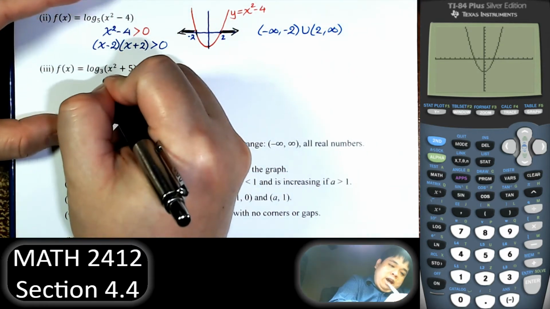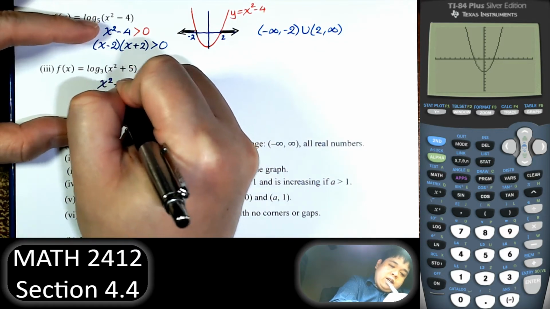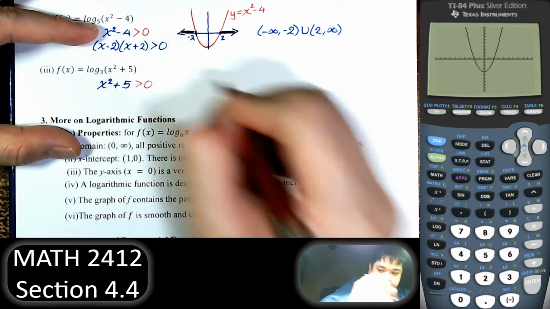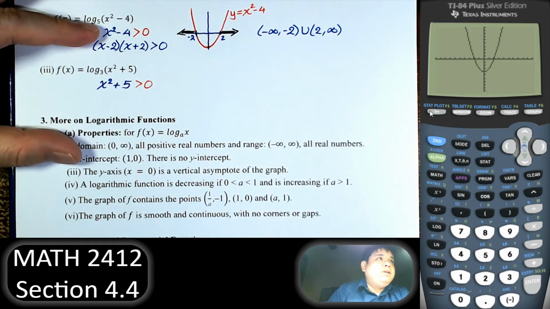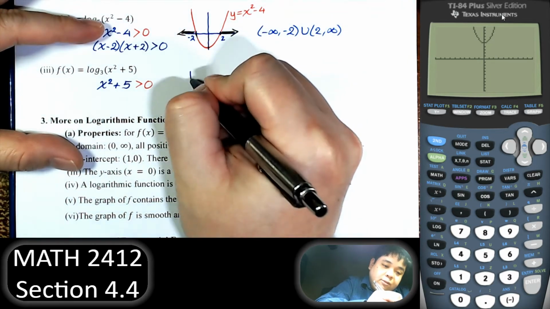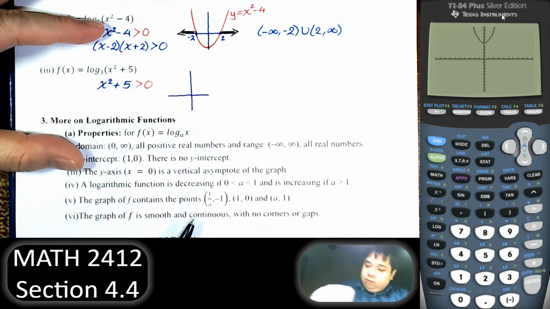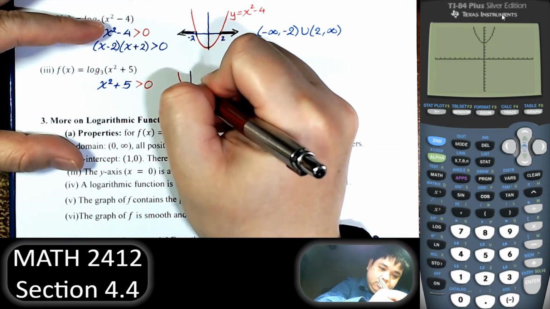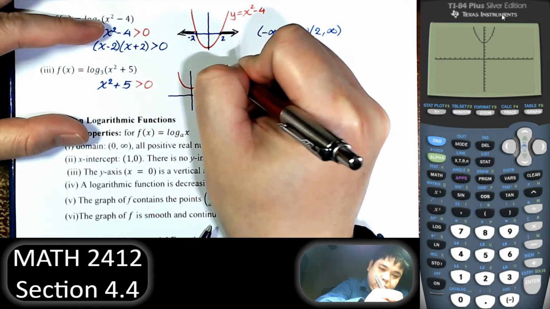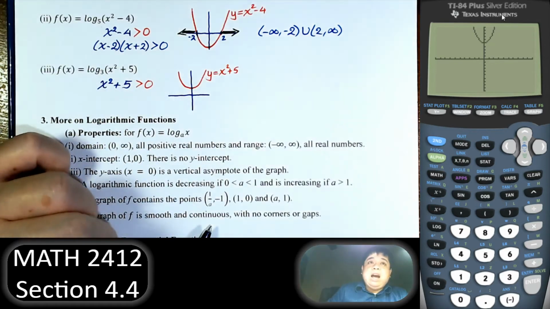Next, we have once again the argument of the log, x squared plus 5, which has to be positive. Now look at the graph. That is the graph, and we see the graph is above the x-axis.